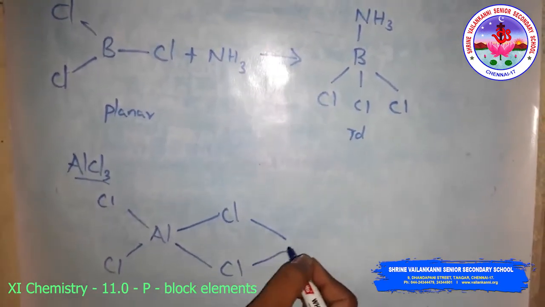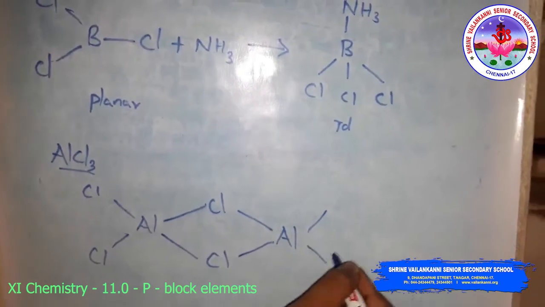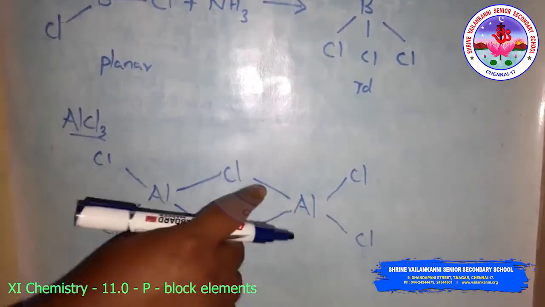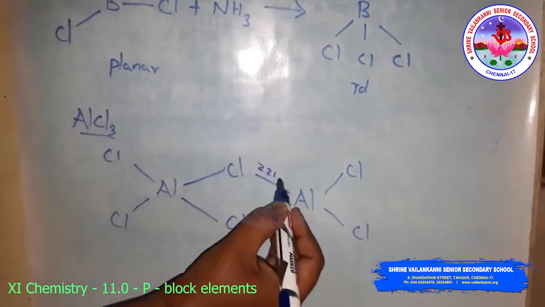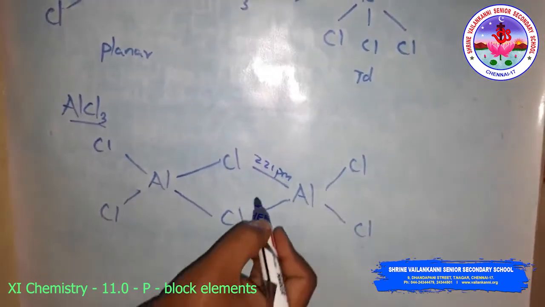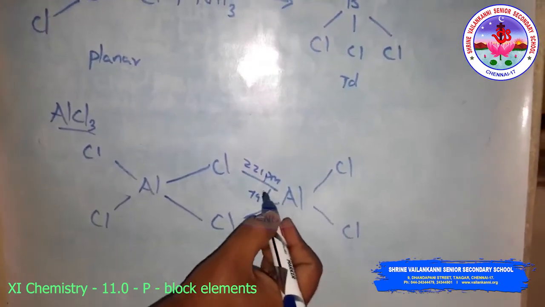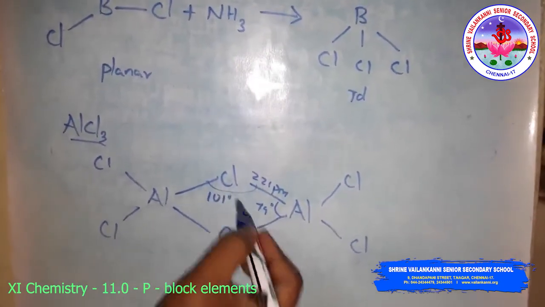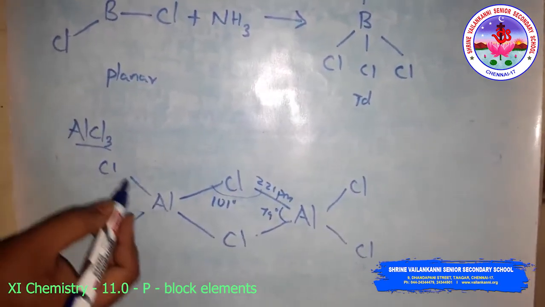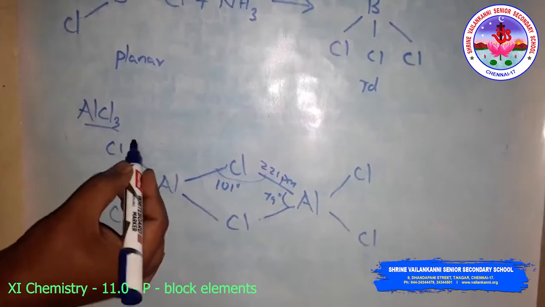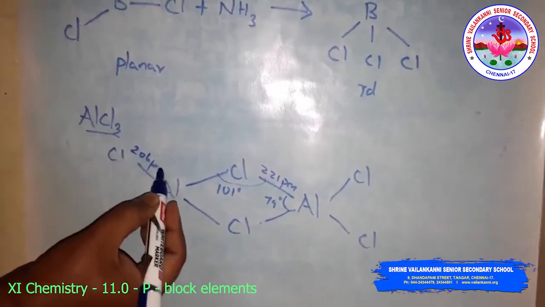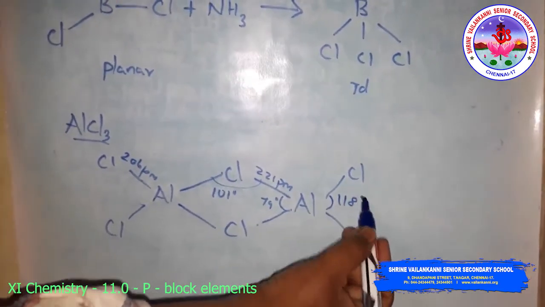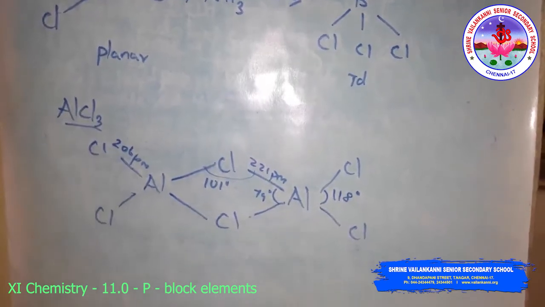We can write it like this, Al2Cl6. Here the bond length between this chlorine and aluminum is 221 picometer, and this angle is 79 degrees and this angle is 101 degrees. Here this chlorine aluminum bond length is 206 picometer and this bond angle is 118 degrees. So this is the tetrahedral arrangement.